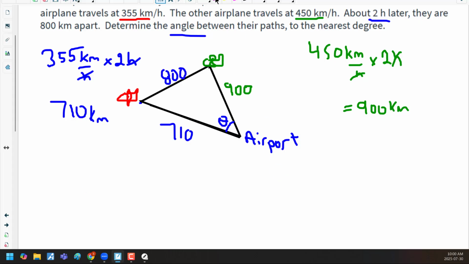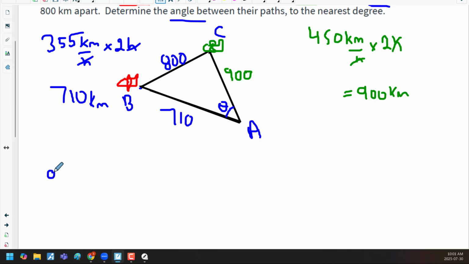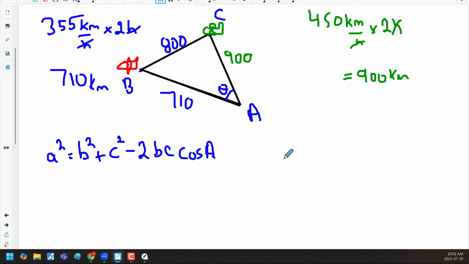Let's just label it properly though. So we'll do A, B, and C, just so we know what A, B, and C are. So remember, A is unknown, so we're going to use the formula a squared equals b squared plus c squared minus 2 times b times c cos angle A. Now we have to plug in the values. So lowercase a is 800.